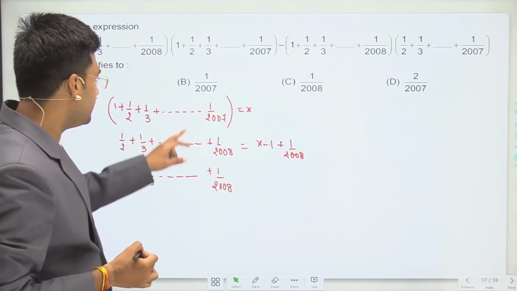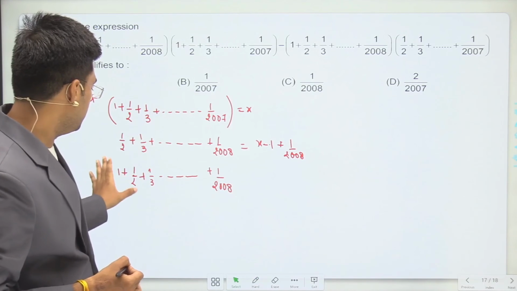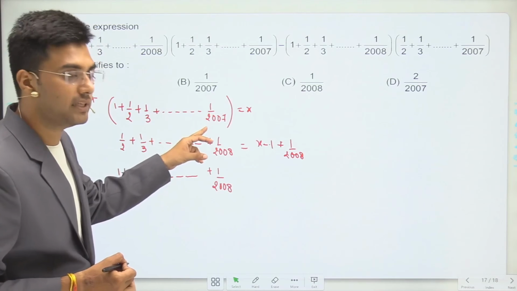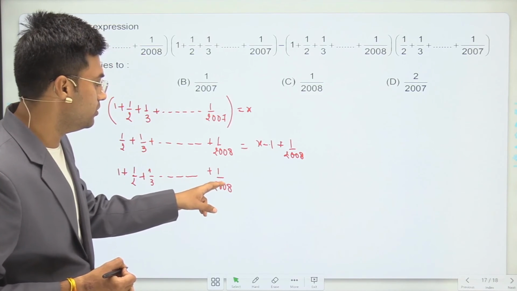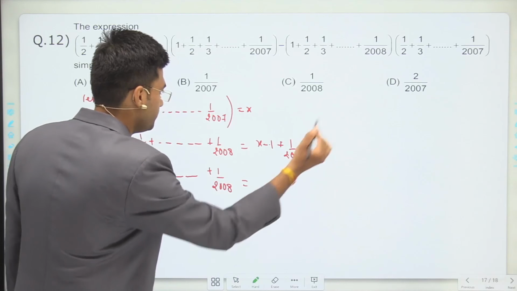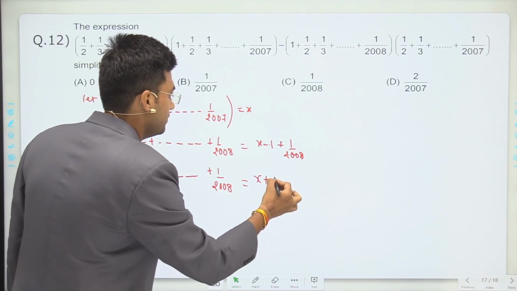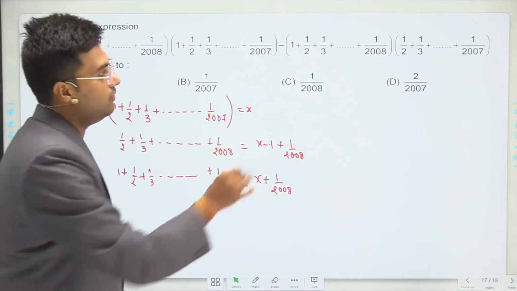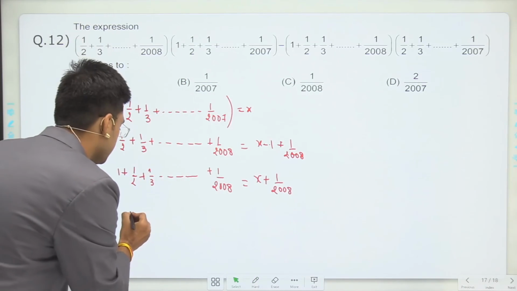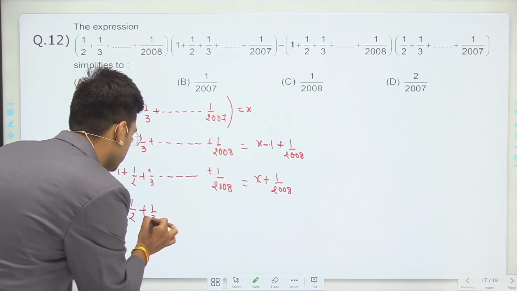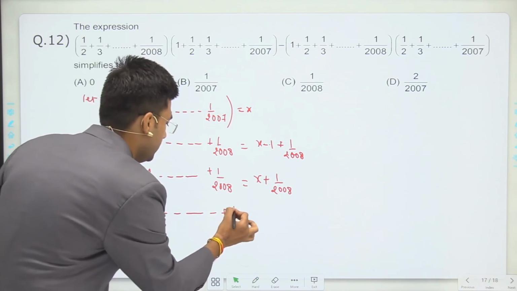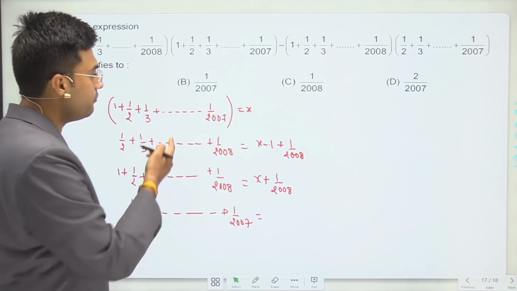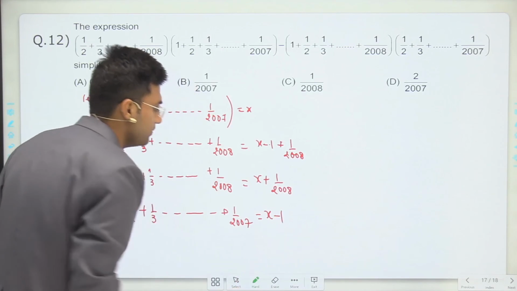If we compare with the first expression, it is similar, but the last term here is 1 upon 2007, and here it is 1 upon 2008. So it is equal to x plus 1 upon 2008. Clear? Now come to this. The other is 1 upon 2 plus 1 upon 3 up to 1 upon 2007.